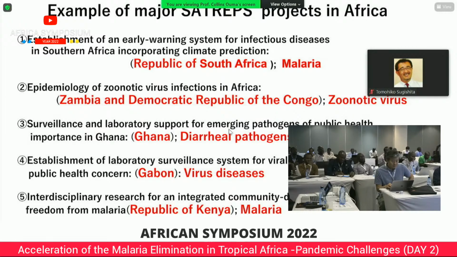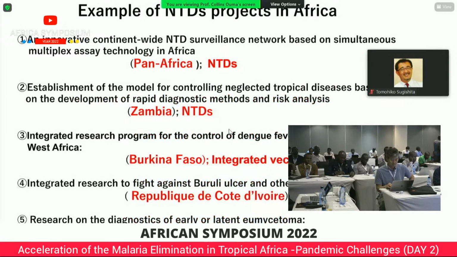This slide shows the 5 NTD projects that have been conducted so far. Target countries include Pan-Africa, Zambia, Burkina Faso, Republic of Cote d'Ivoire, and Sudan. The target diseases include general NTDs, integrated vector management, and diseases such as Buruli ulcer and mycetoma.